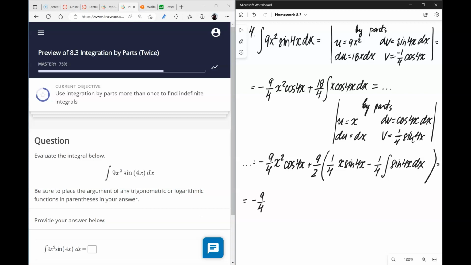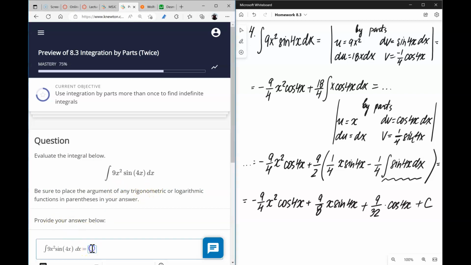So we have negative 9/4 x squared cosine 4x plus 9/8 x sine of 4x minus, and now here we're distributing 9/2 over here, and at the same time we integrate this, so 1/4 comes out, so we have 9/8 times another 1/4, so it's 9/32 times negative cosine, so this becomes positive, of 4x plus c.